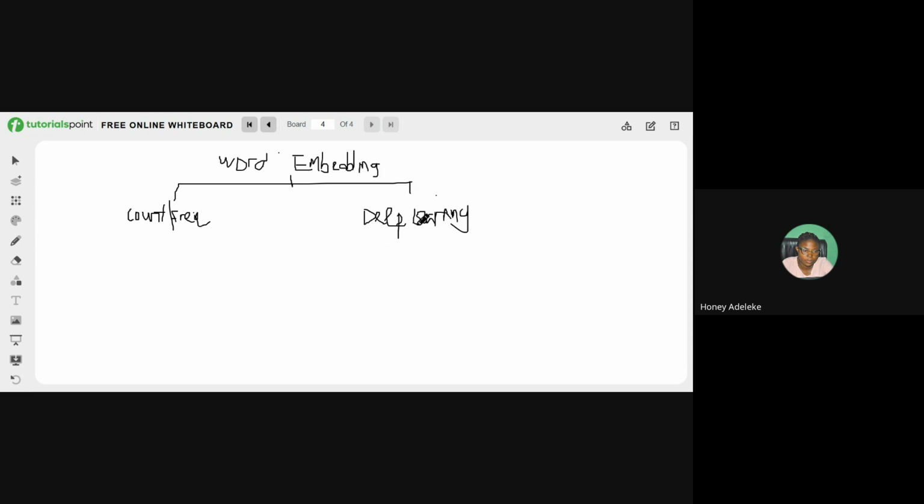And under that, we have Word2Vec. We have GloVe, I'm not sure how to pronounce that, Global Vector.